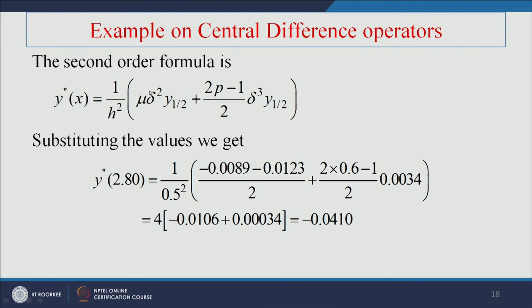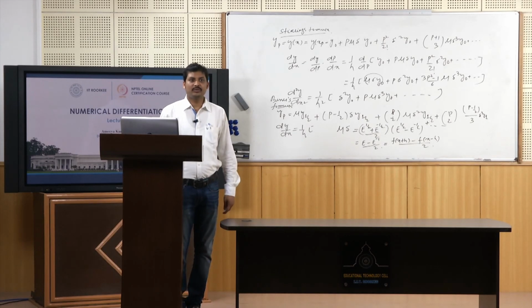Then for mu delta square y of half, taking mu as the average value, we obtain the values in the form of minus 0.089 minus 0.0123 divided by 2, plus 2p minus 1, where p is 0.6, so 2 into 0.6 minus 1 by 2, into delta q y of half. This we can obtain directly from this forward difference formula, and the final value is obtained as minus 0.0410. Thank you for listening to this lecture.